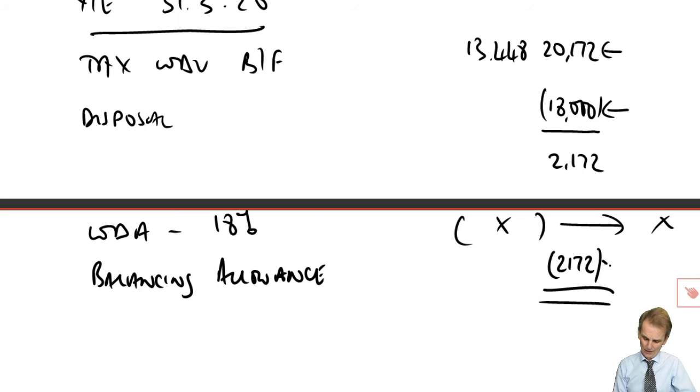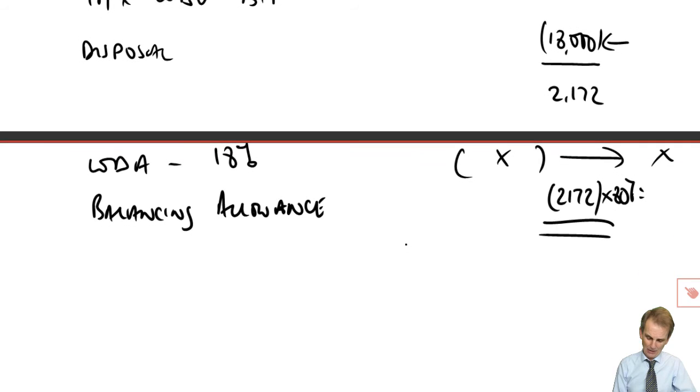But that 2172 is then going to be restricted again to the business use. So that will be 80% business use. Now that means that we'll have a balancing allowance going in here, 80% of 2172.